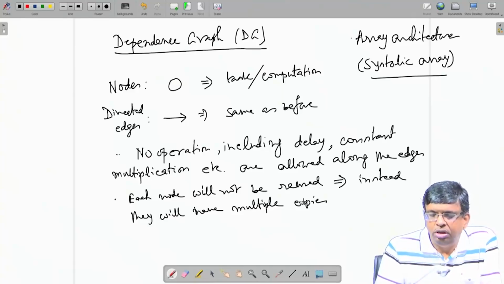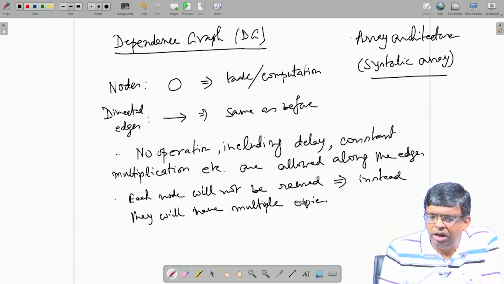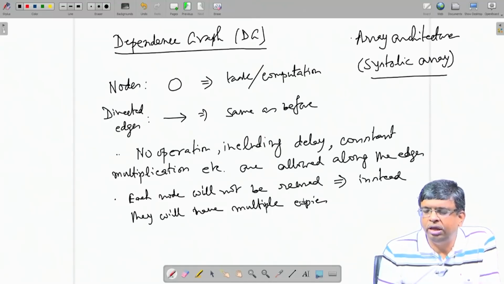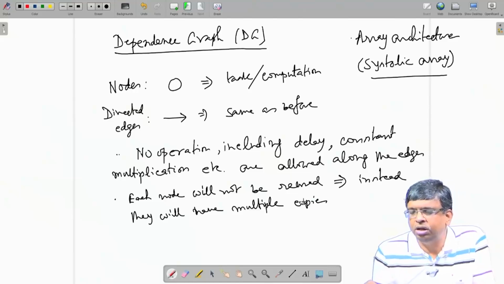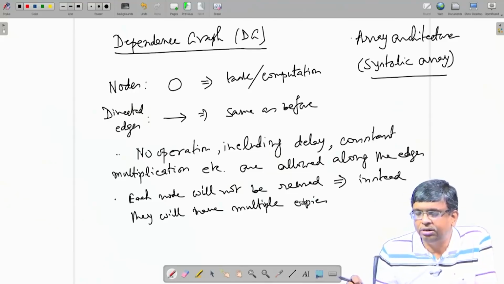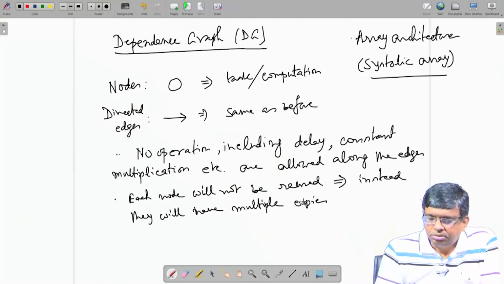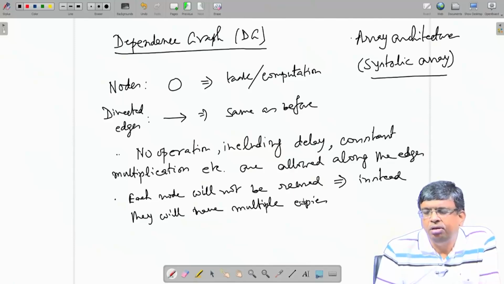Here it is not. Here I will have several copies of the node drawn in my diagram. One copy will work in a particular nth cycle, another copy may work in the n plus 1th cycle, another copy may work in the n plus 2th cycle, like that. Okay. So, no reusing.